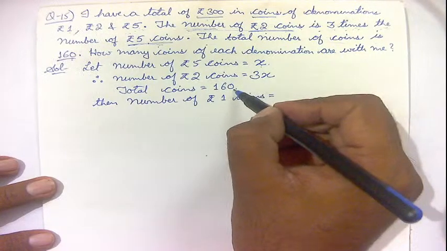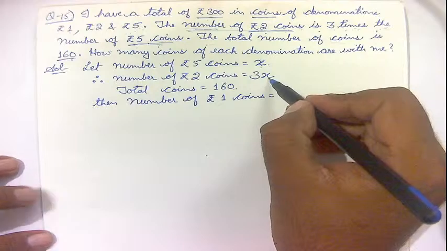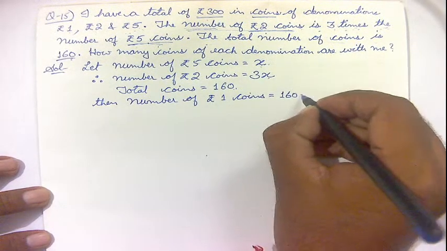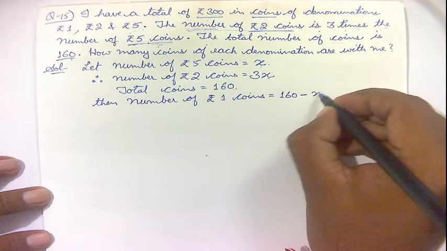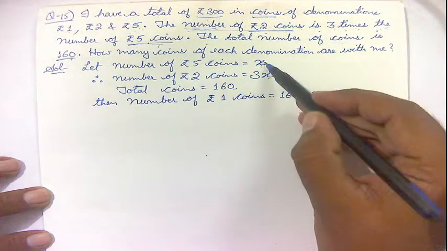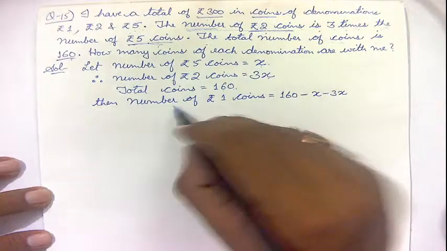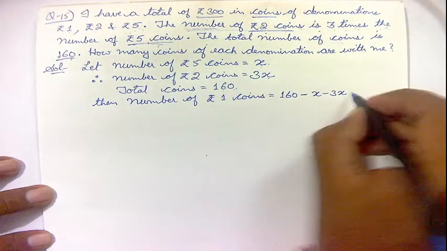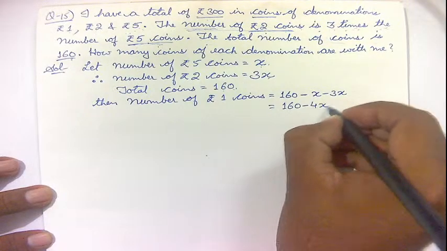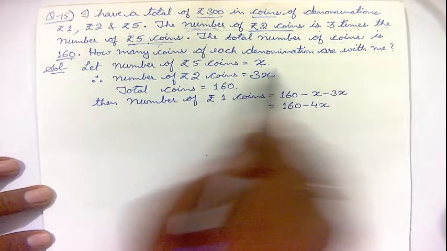Total coins are 160, rupee 5 are x, rupee 2 are 3x. So how many 1 rupee coins will there be? 160 minus x minus 3x. We will subtract both these numbers of coins from the total, then what will we have? Number of rupee 1 coins. So what is it now? 160 minus 4x.